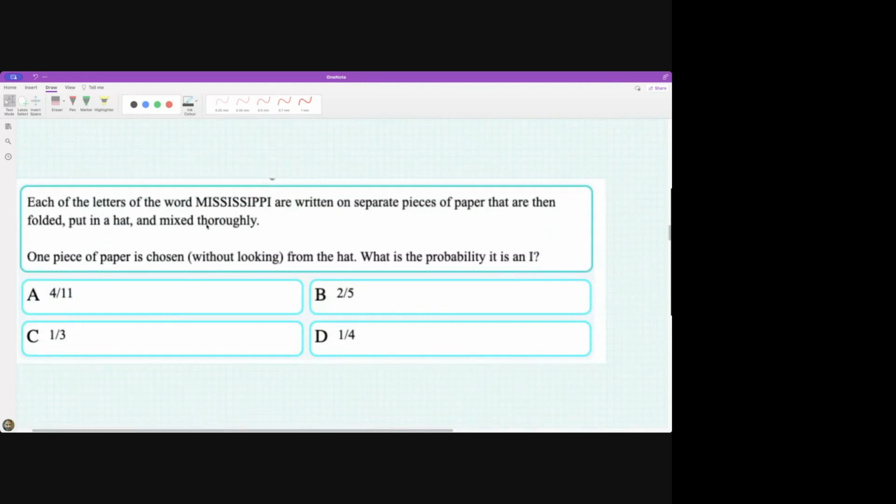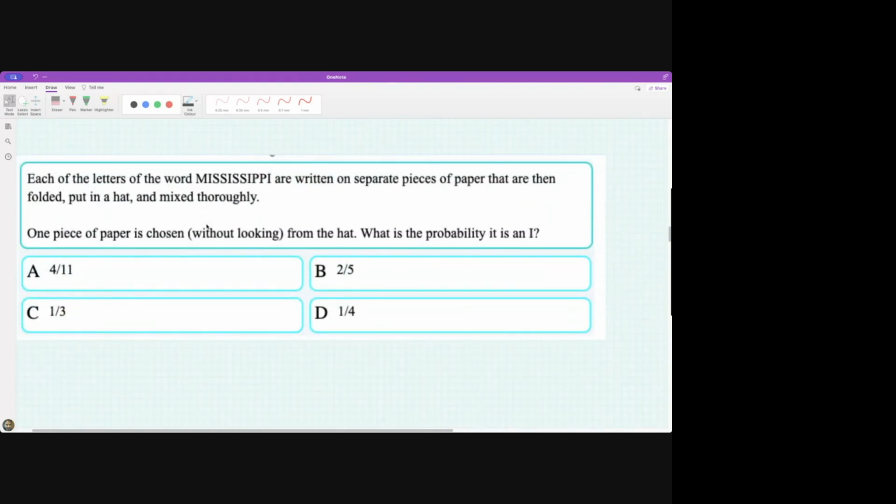All right, here is a different type of question. It's dealing with the word Mississippi. So it says, each of the letters of the word Mississippi are written on separate pieces of paper and are then folded, put in a hat, and mixed thoroughly. So here's the hat, and one of them has an M, and one of them has an I, and then there's one with an S, and another one with an S. You see where this is going.